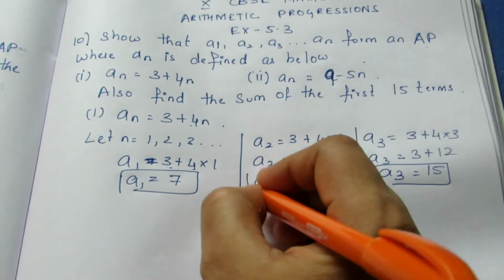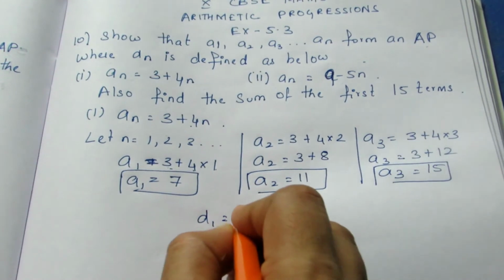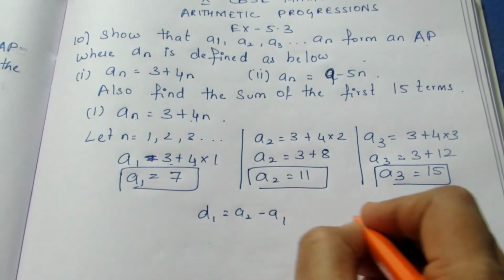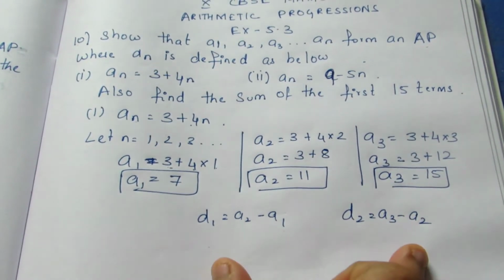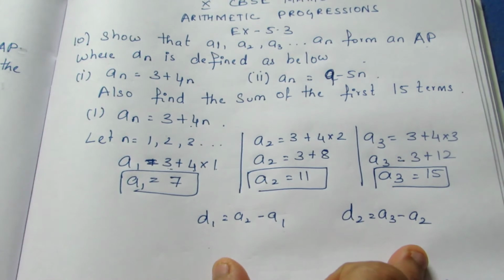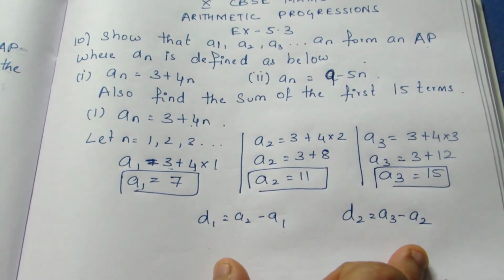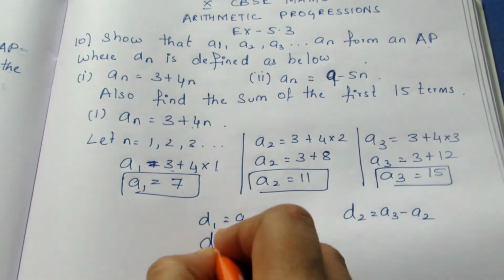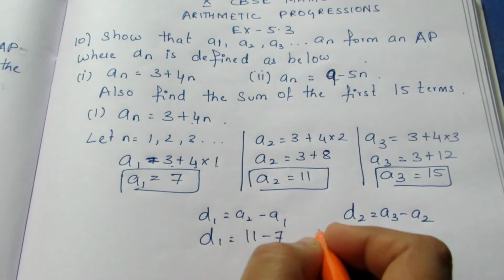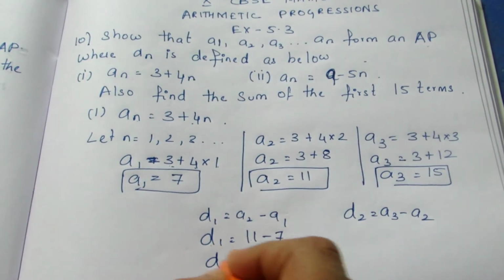So we found a1, a2, a3. We need to find d1, that is a2 minus a1, as well as d2, that is a3 minus a2. If the common difference is the same, then we can say the sequence is in AP. If it is not, then it will not be in AP. So d1 equal to 4.